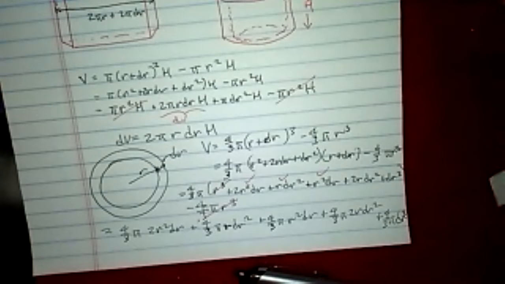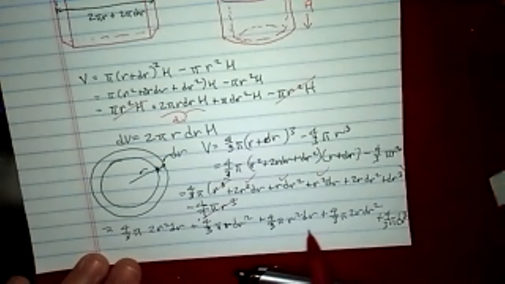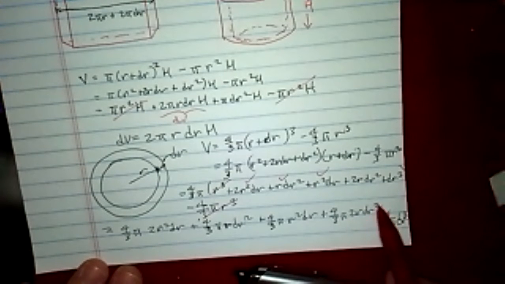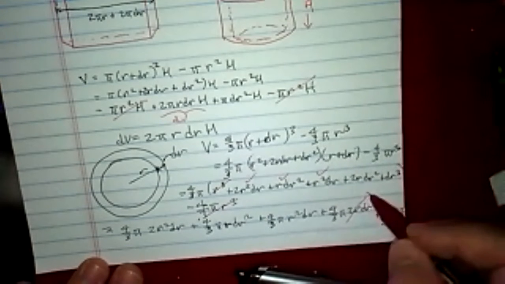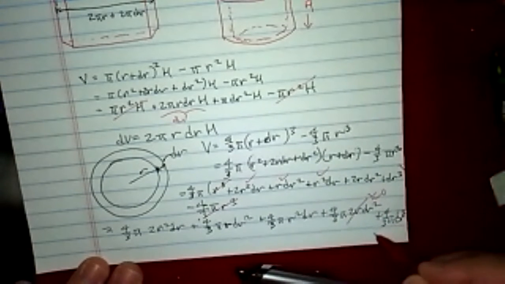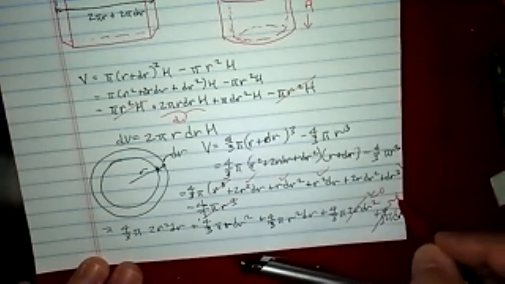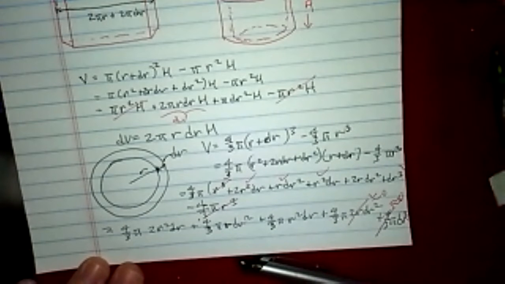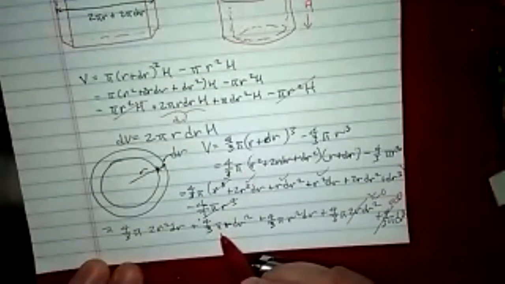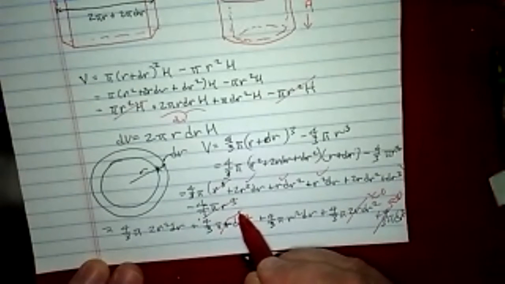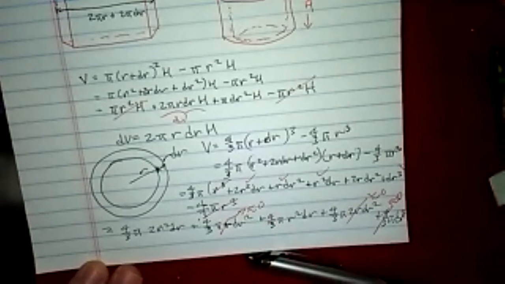Now you can see this term, 4/3 pi times r dr squared, that has a square in dr. This one has a cube in dr, so these are going to be approximately 0 compared to the dr term. So those are going to disappear. This one's going to disappear as well, because that's the same thing, about 0.